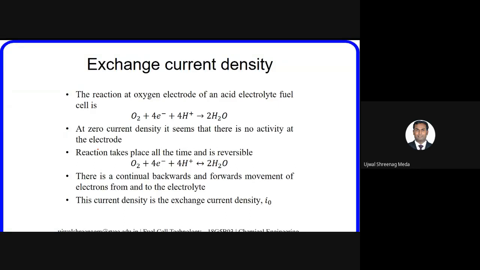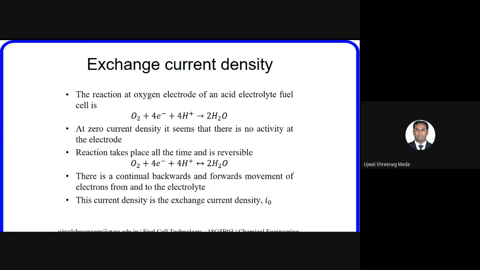Ideally, in that situation, the reaction should not take place. However, this reaction is continually taking place, but it's a reversible reaction. So the reaction is taking place in both the directions at the same rate.